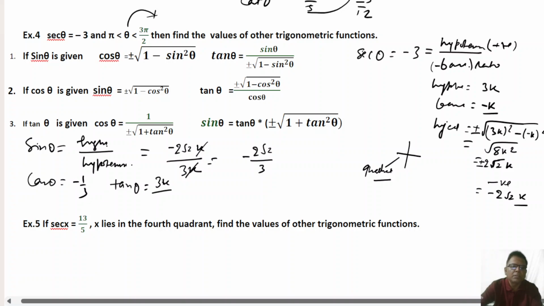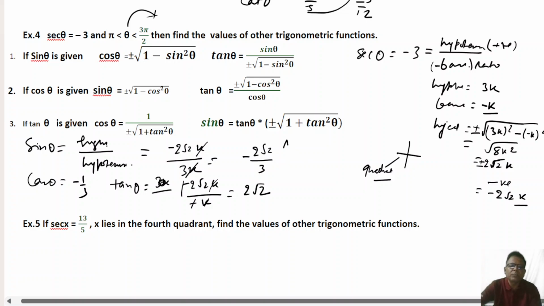Height is minus 2 root 2k and base is minus k. So this will get cancelled, and that leaves 2 root 2. So tan theta is 2 root 2, correct. So this way you can calculate.